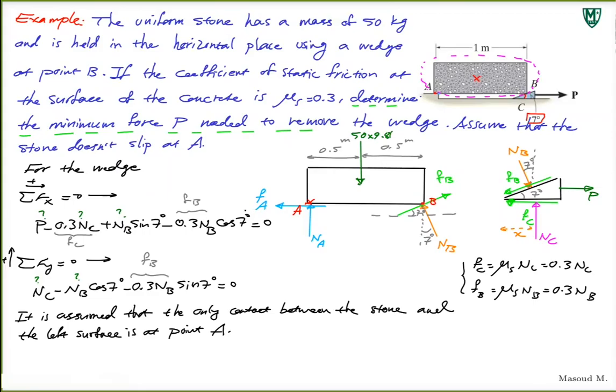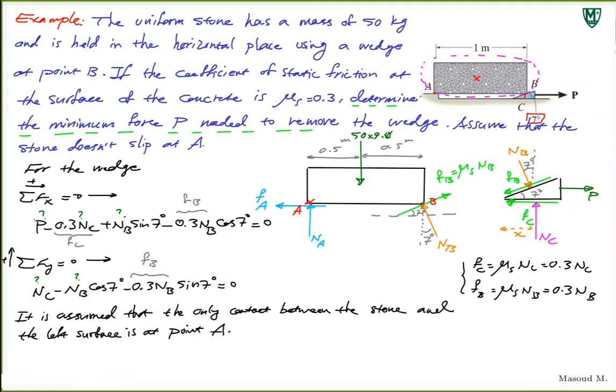NA will be gone. Only things left are the weight, FB, which is mu s NB, and NB in orange. So you write the moment about point A, and you get an equation that only has NB as unknown.